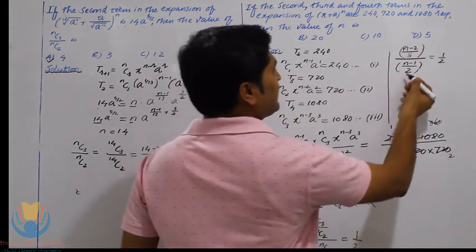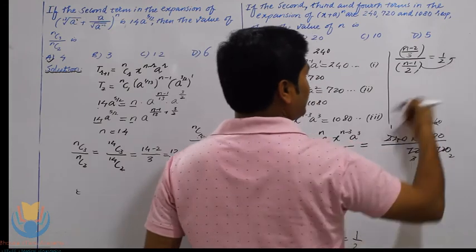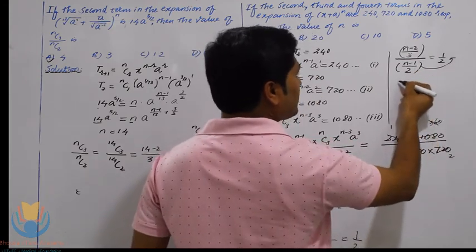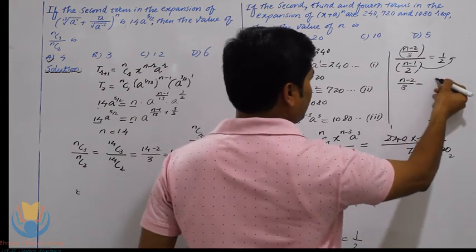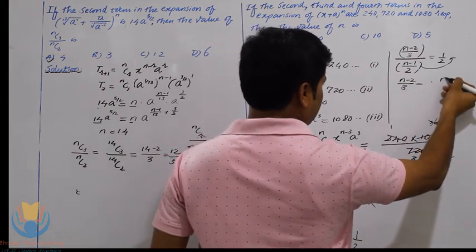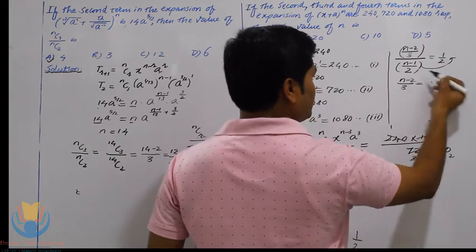So we can directly get this term in multiplication, as this is there in the denominator. So this will become n minus 2 upon 3, which is equal to n minus 1 into 2 to the 4.